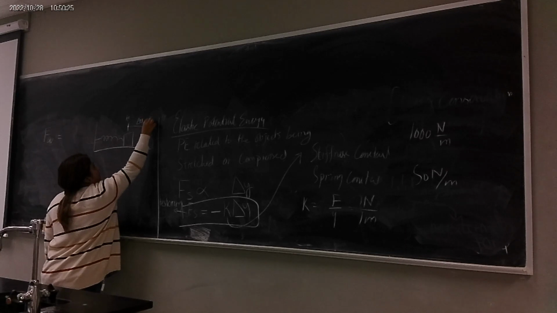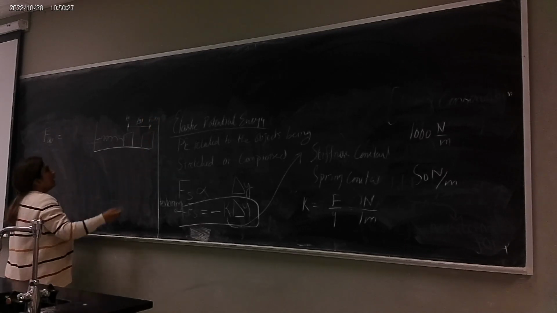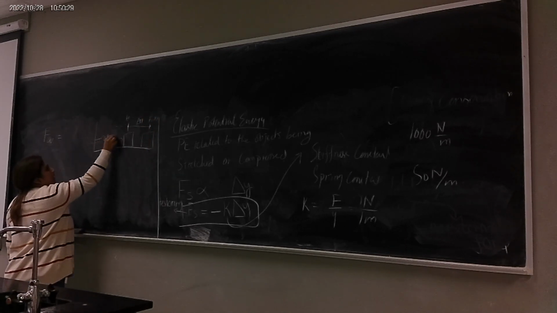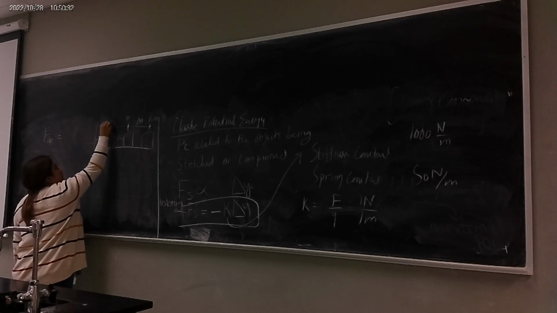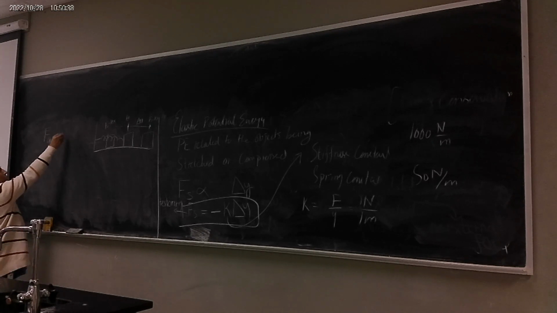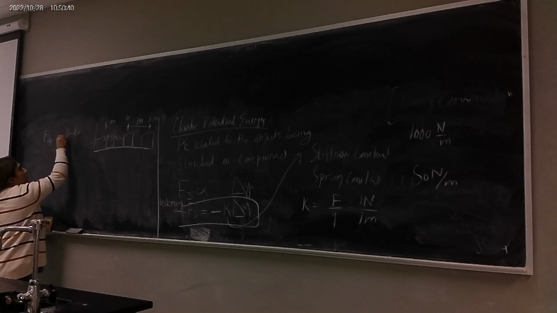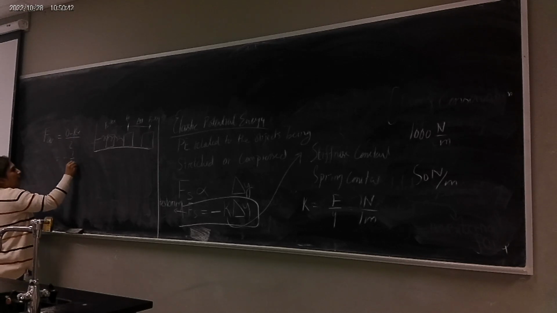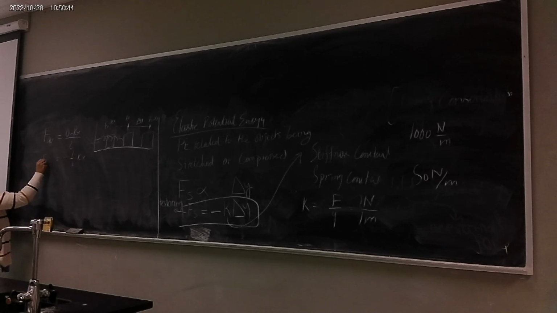Here the force is negative kx. When it comes back at this position, the force is also negative kx. So on average, the force would be 0 minus kx over 2, or half kx, because the minimum value is 0 and the maximum value is negative kx.